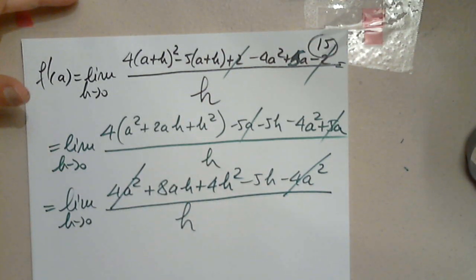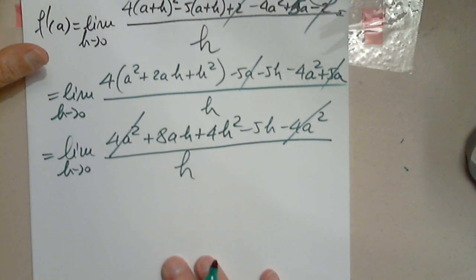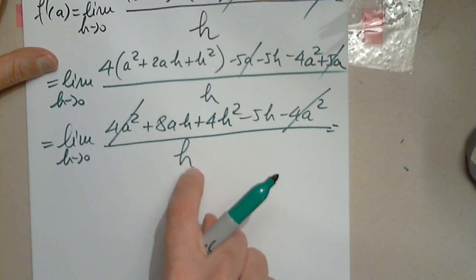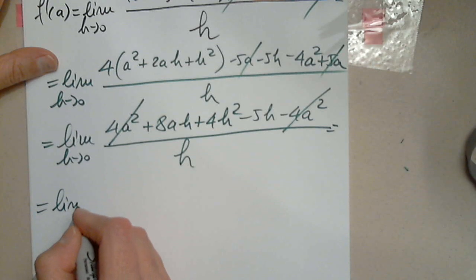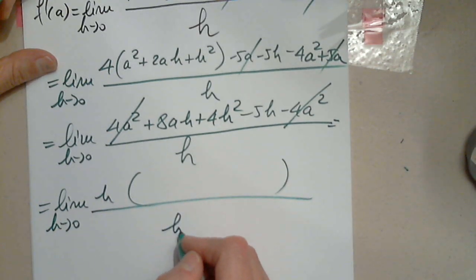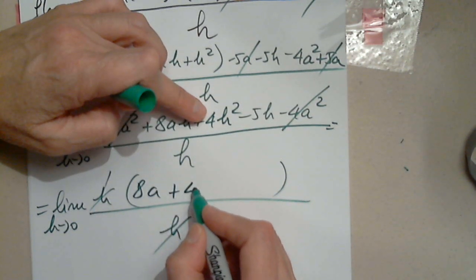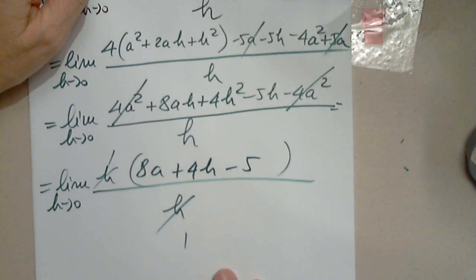As expected, I will pull out an h and simplify with this. So this is limit as h approaches 0, 8a plus 4h and minus 5.